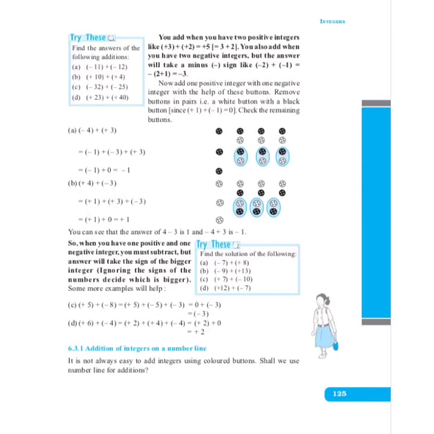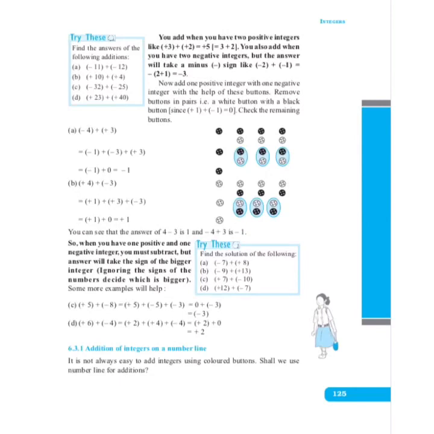Now children, see page number 125, just above the page in bold letters you can see that you add when you have two positive integers. For example, if you have plus 3 and plus 2, you will add and you will get plus 5. You also add when you have two negative integers.